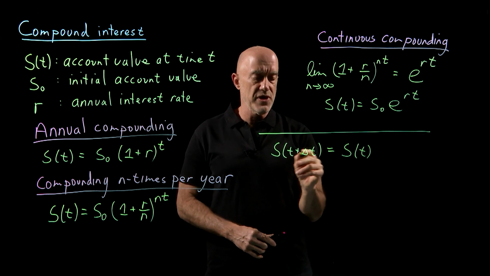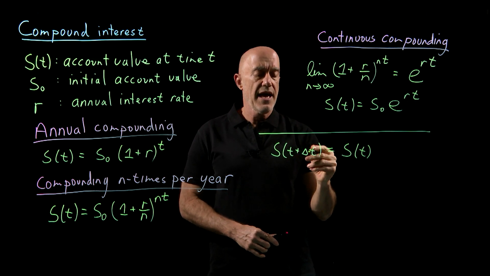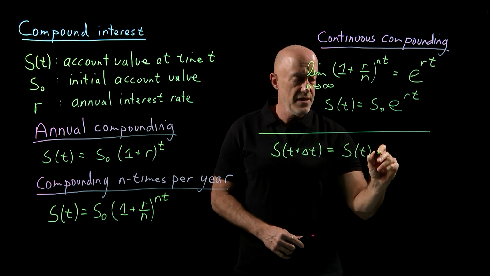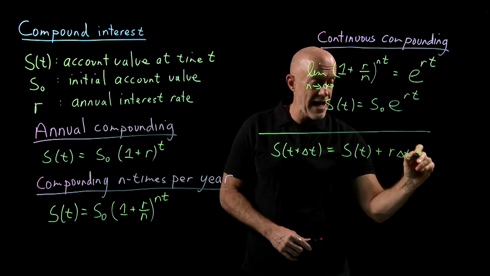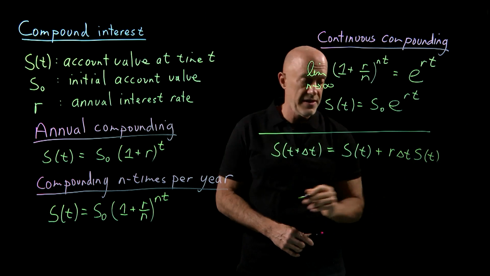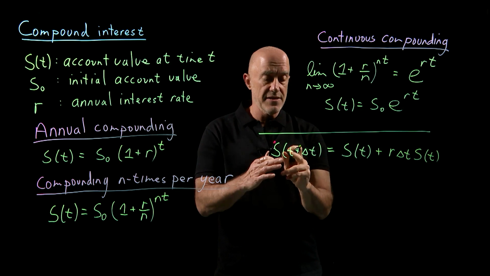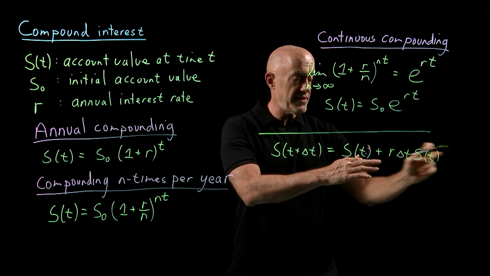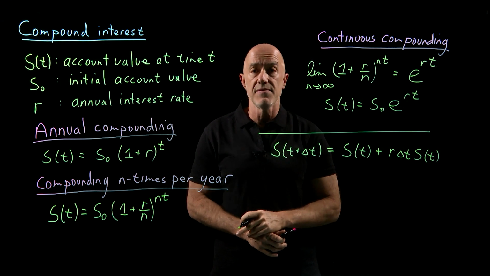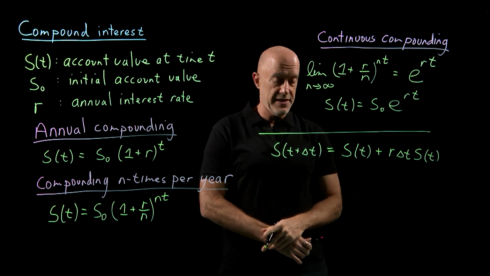So how much interest is awarded after a time delta t? That would be plus R delta t times the capital, which is S of t. So the amount of money at a time t plus delta t is the amount of money at time t plus the interest that that money receives in the time delta t.